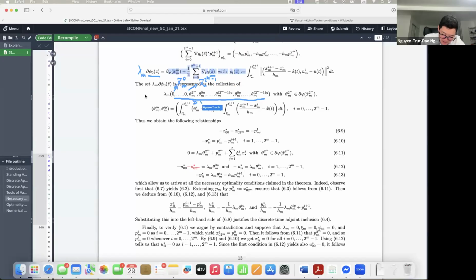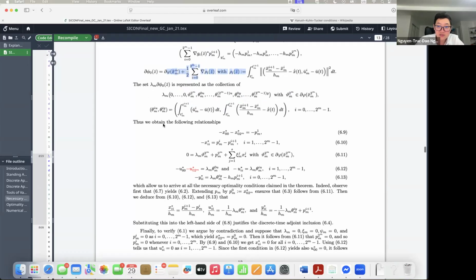And the last one here, x bar 2m. And similarly, for this one, it corresponds to u bar, and this one to y. Y plays the role of x bar dot. Okay, let me clear this one first, and then I can zoom in a little bit.